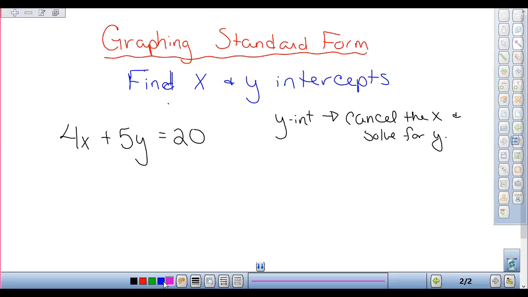Okay, because technically what we're doing is we are putting 0 in for x and solving for y. If I put 0 in for x, what's 4 times 0? 0. So that kind of cancels itself out, right? And so if I'm canceling out my x, I just have 5y equals 20. And then what am I going to do? Divide by 5. Y equals 4.